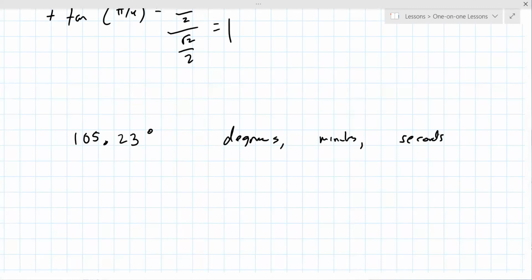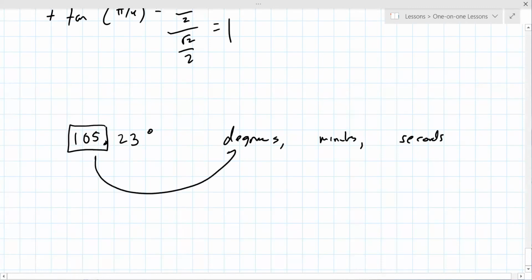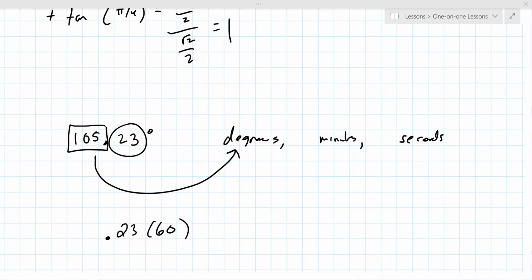So the degrees is always this part. The minutes, you take this number, 0.23, and you multiply it by 60. Do you have a calculator? I get 13.8.